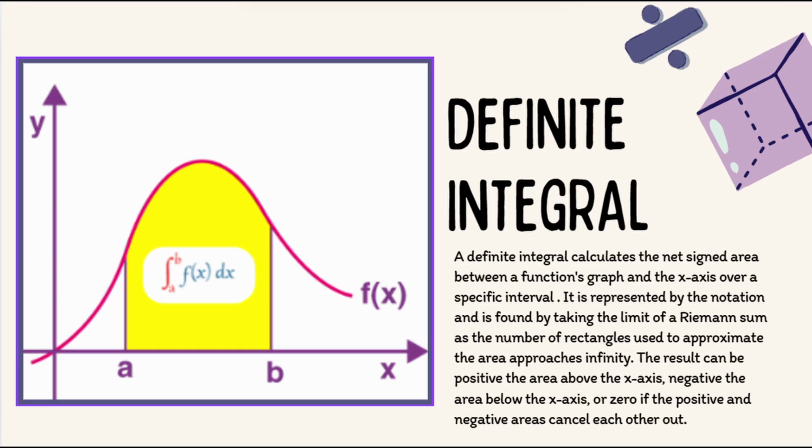Represented by the notation, the integral of f(x) from a to b is formally calculated as the limit of a Riemann sum as the number of approximating rectangles tends to infinity. Its result can be positive if the area above the x-axis dominates, negative if the area below dominates, or zero if the positive and the negative areas cancel each other out within that interval.